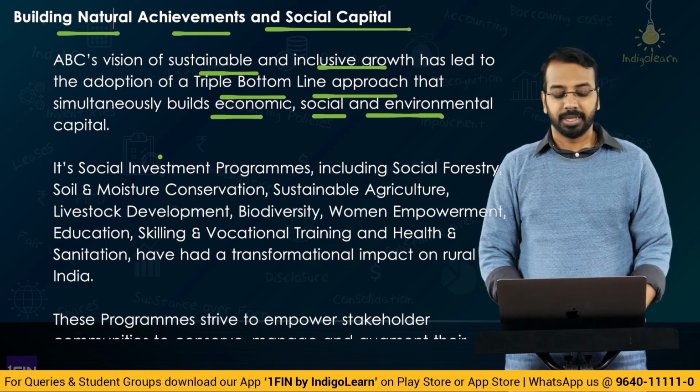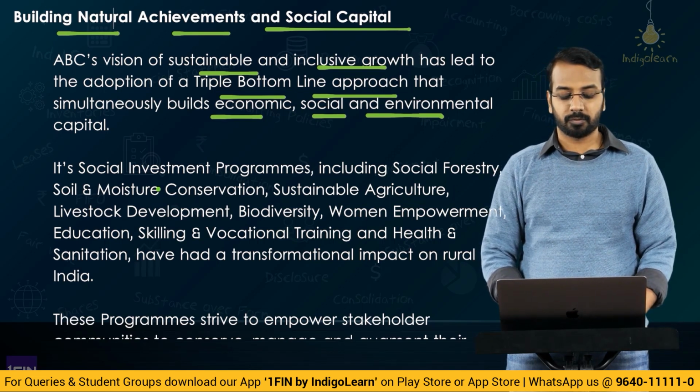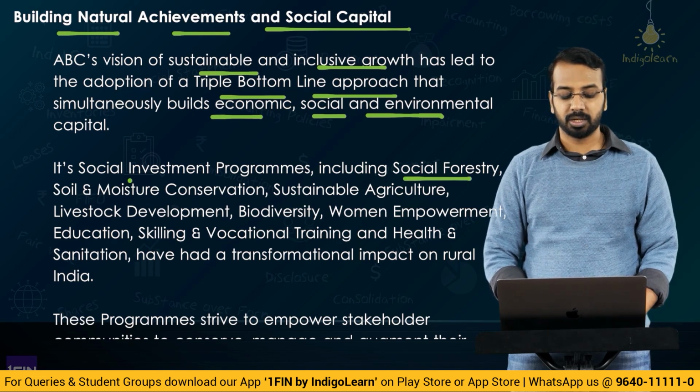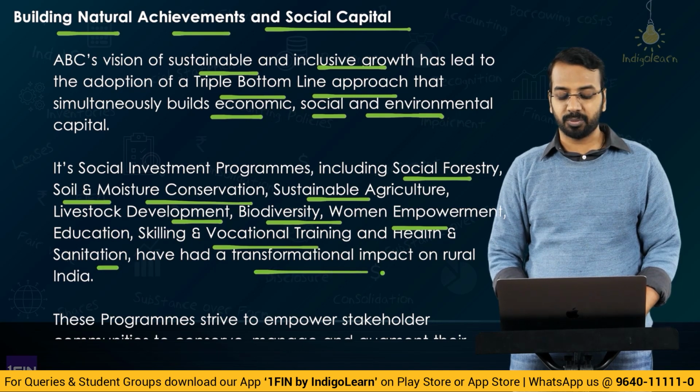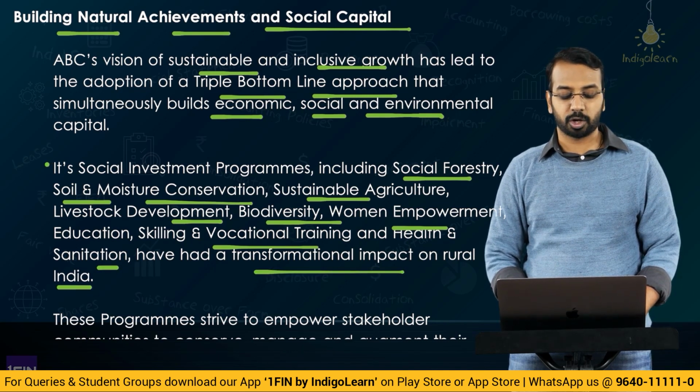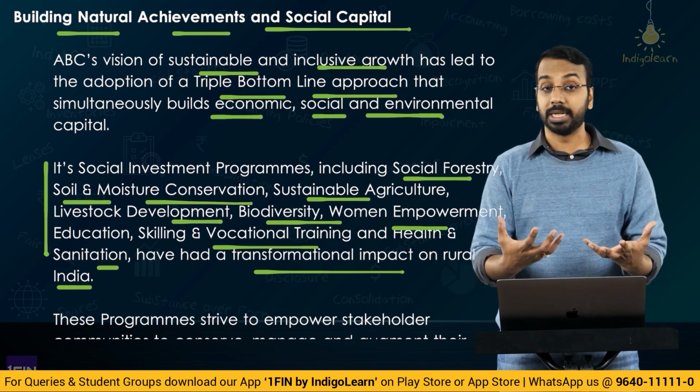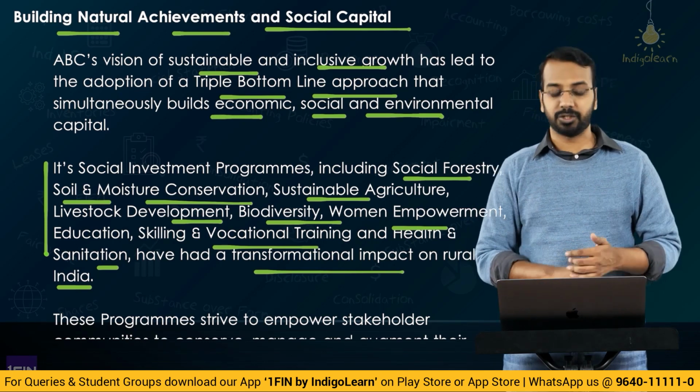Its social investment programs including social forestry, so they are talking about initiatives they have taken: soil and moisture conservation, sustainable agriculture, livestock development, biodiversity, women empowerment, education, skill, health and sanitation have had a transformational impact on rural India. So they are talking about what is the impact on rural India based on the company's initiative.